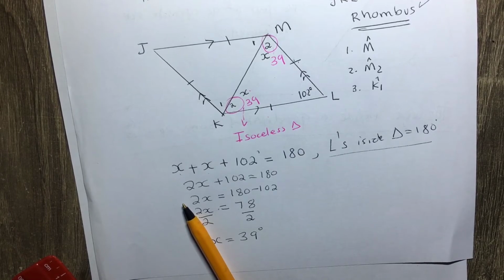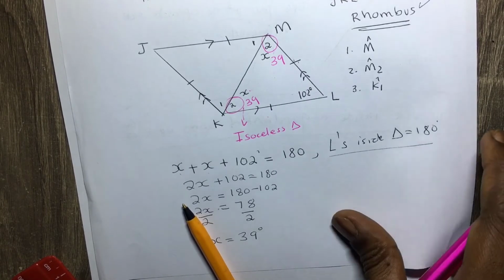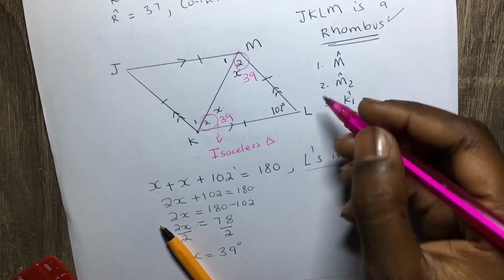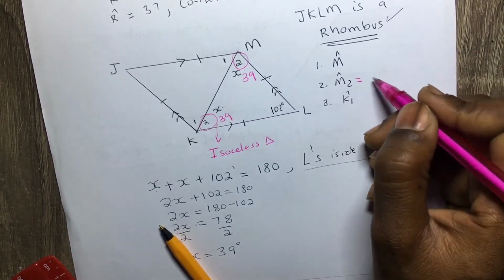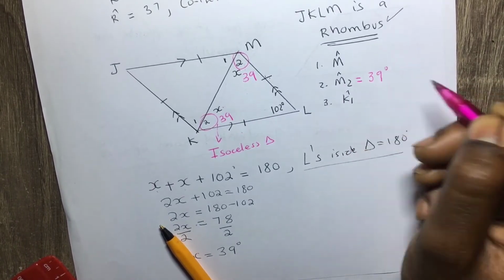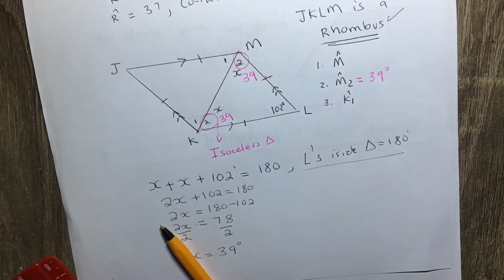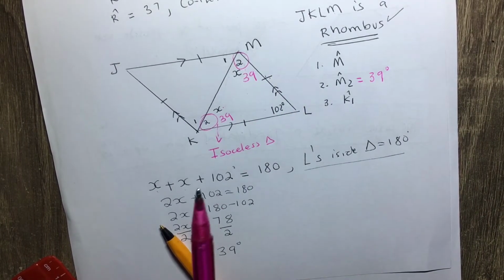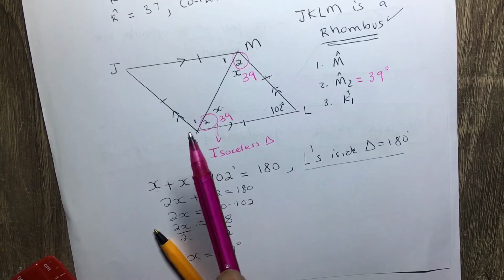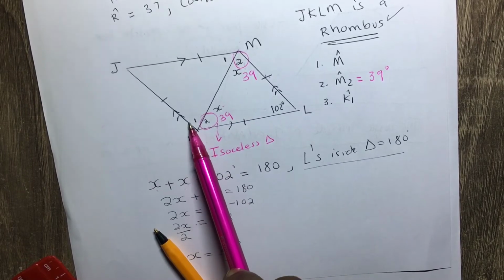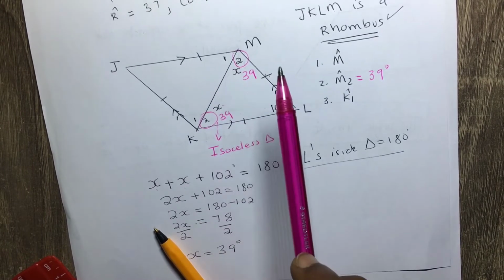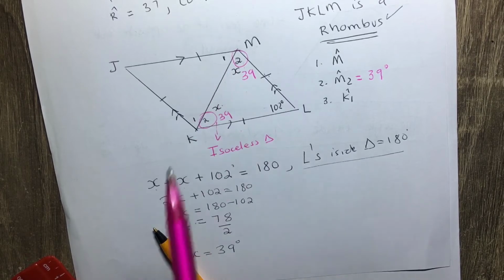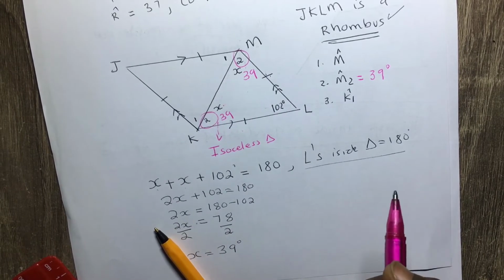Do you get it? So are we answering the questions? Yes. So we've got the answer to number 2 there. M2 is 39 degrees because they want this one. And then now we're continuing. So we want to find K1 and we also want to find M1. So what are we going to use? We are going to use alternating angles.